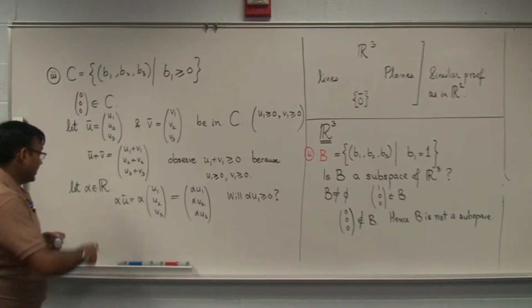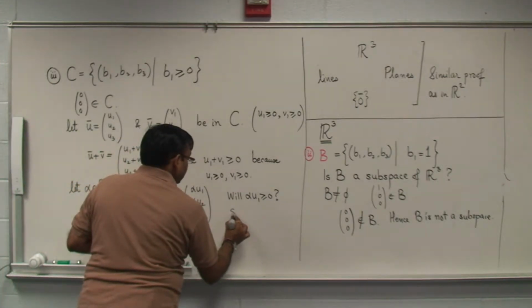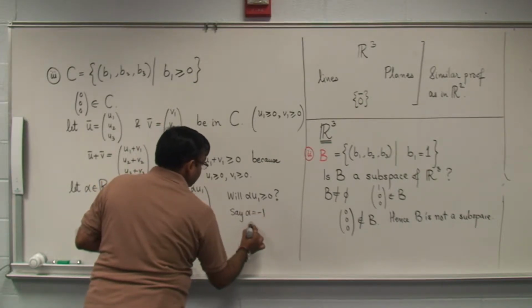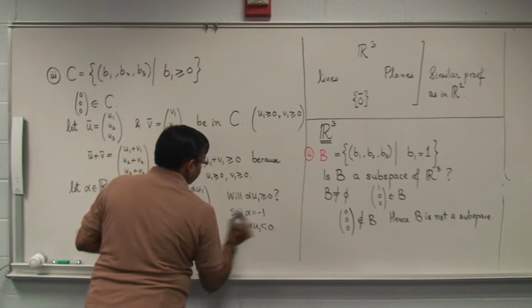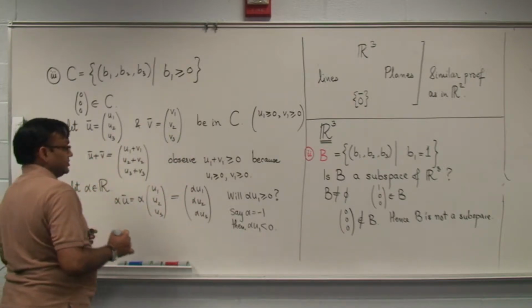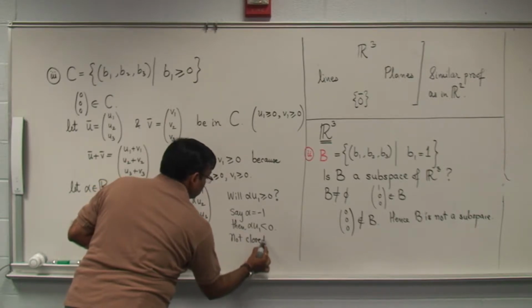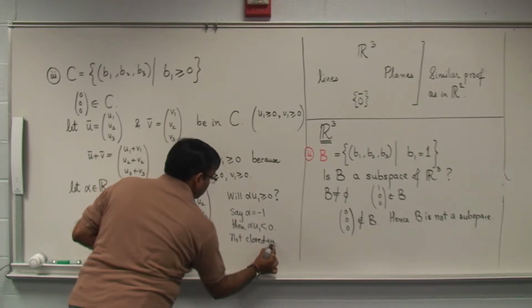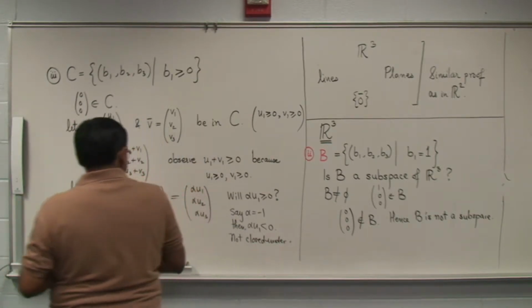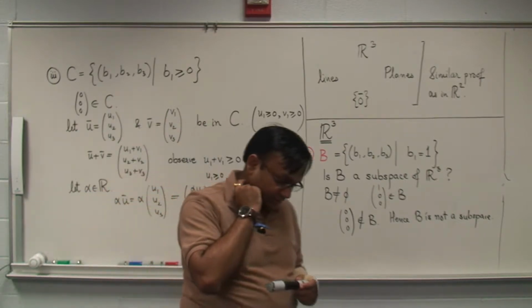Since alpha can be any real number, if I pick, say, alpha equal to -1, then alpha times u1 would be negative, and because of this it is not closed under multiplication. So this is not actually a subspace.